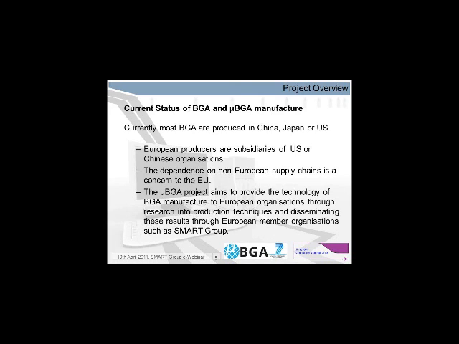The current status of BGAs and micro BGAs is one of the concerns which led to the funding of the micro BGA project. Currently, most BGAs are produced in China, Japan, or the US.